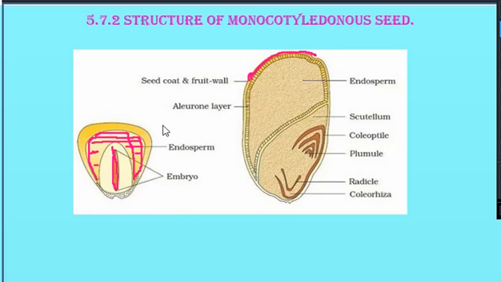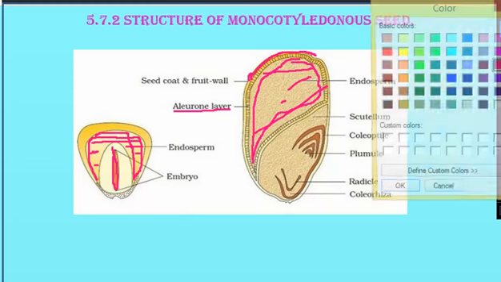Then there is a layer called the aleurone layer. This aleurone layer separates the embryo from the endosperm. Look at this, this is the endosperm. This is the endosperm which contains a lot of reserve food material, and this endosperm is covered with a proteinaceous layer.